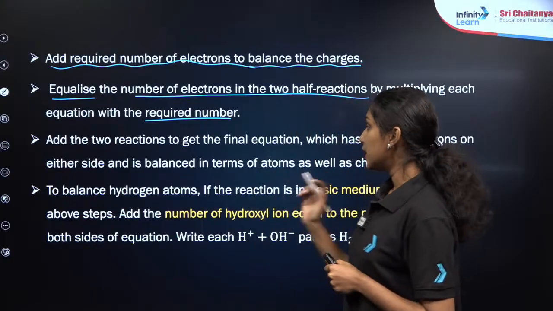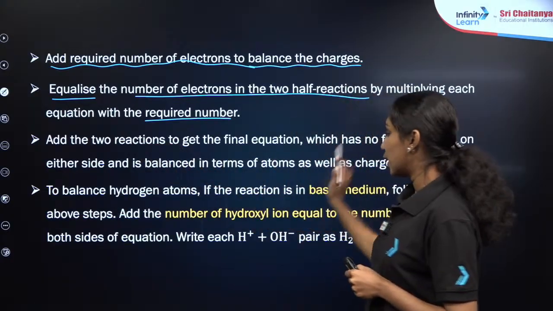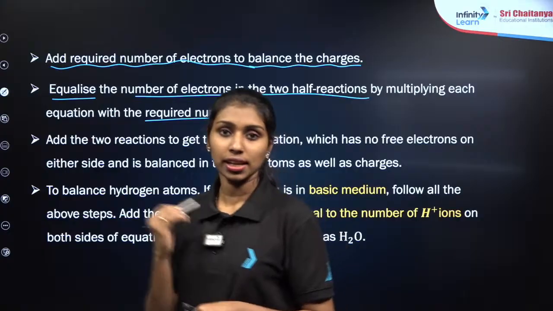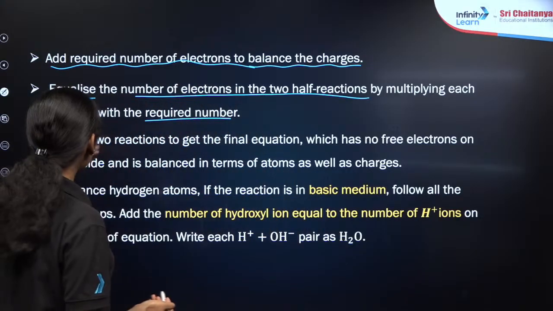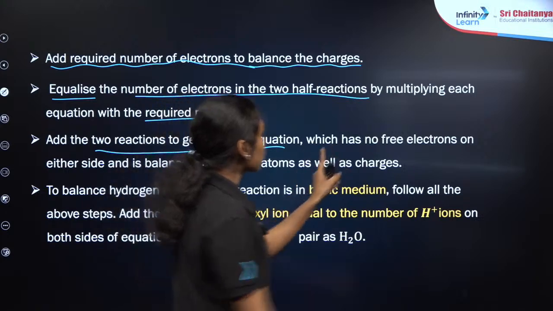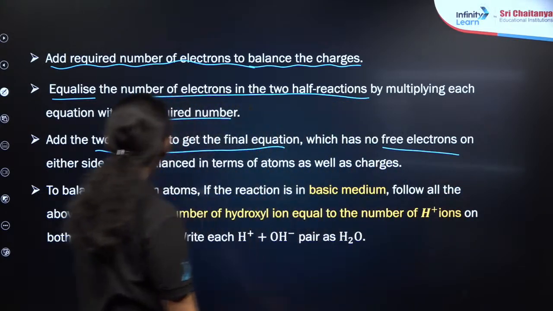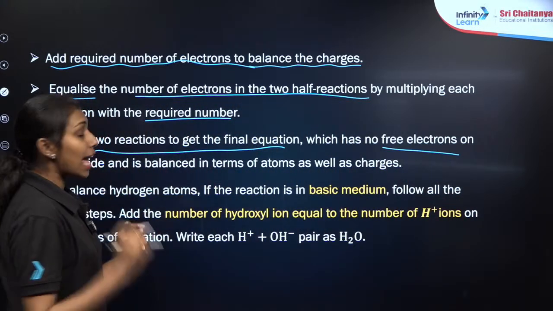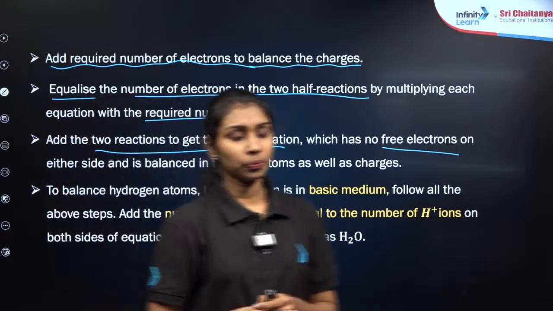So add the two half reactions, the oxidation half and the reduction half, to get the final equation, which has no free electrons on either side and is balanced in terms of atoms as well as charges. Clear?